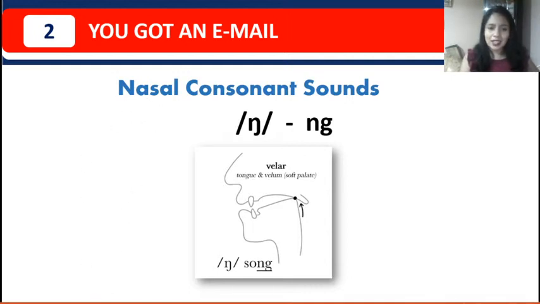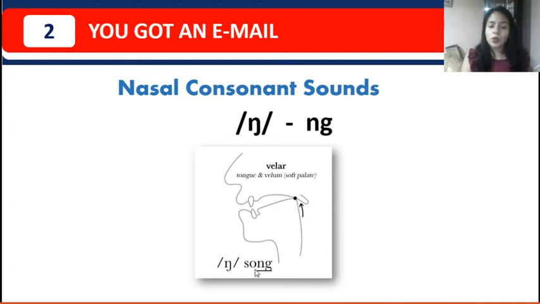Yes, guys. So, if you can see, the sound appears here. This is the formation of the velar nasal. If you can see here on the picture, you have an example.